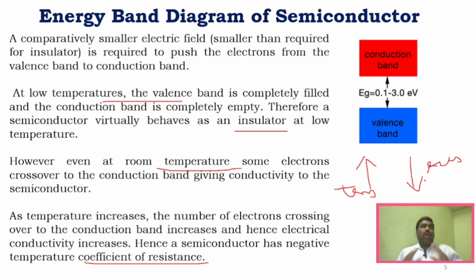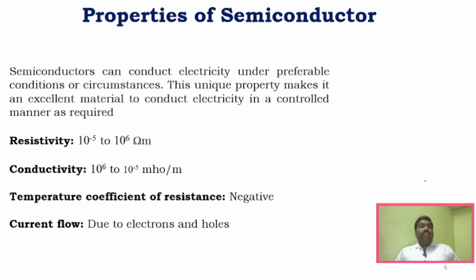Now you understand what a semiconductor is and what the energy band structure of a semiconductor is, right? We will see the properties of semiconductor. So we know that a semiconductor can conduct electricity under preferable conditions, and this unique property makes it an excellent material for conducting electricity in a controlled manner, right?